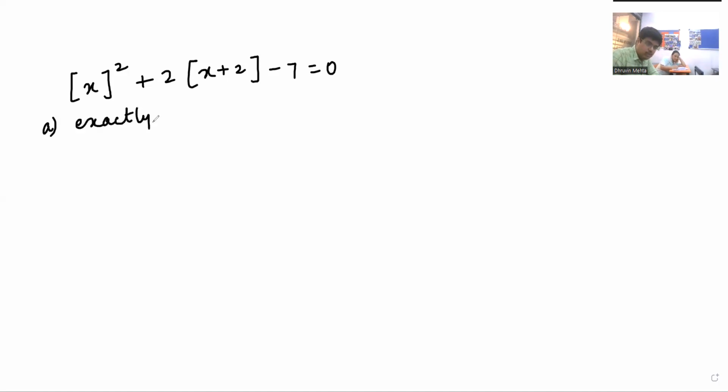So greatest integer function x the whole square plus 2 times greatest integer function x plus 2 minus 7 equal to 0. This is the equation given, and the options are: this equation has exactly 2 solutions.